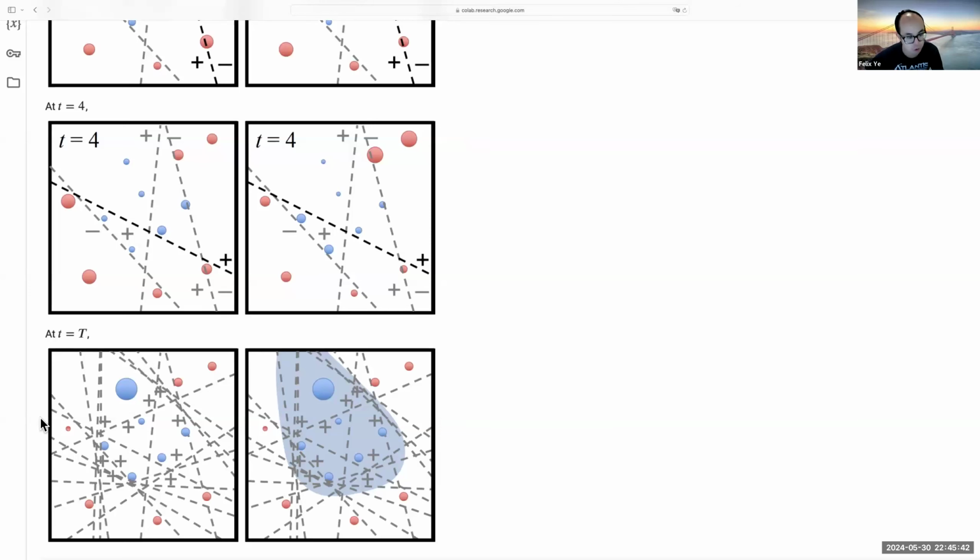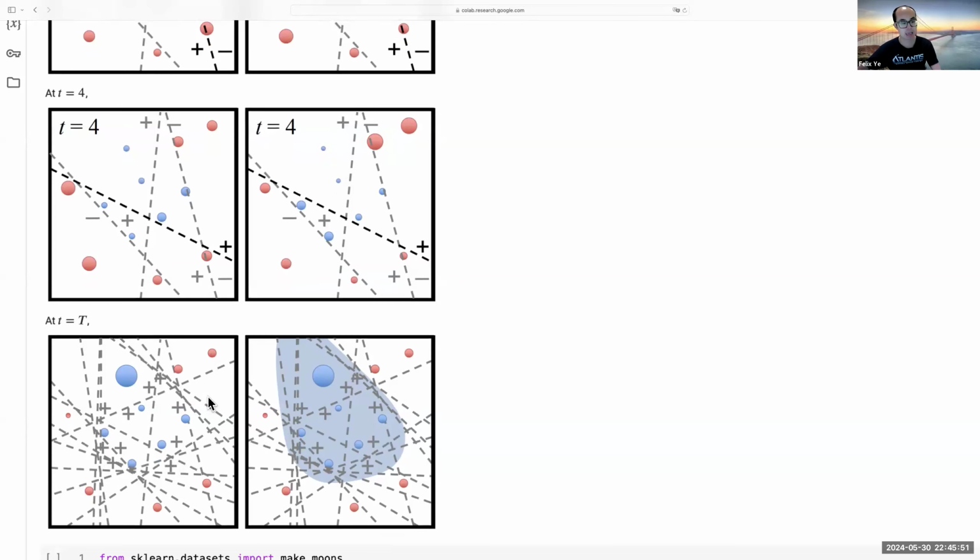You can see we draw so many different lines right here, all around the whole space. Then we can make predictions with a linear combination of the classifiers from phi 1 to phi T. And actually, we can build the boundary conditions directly, and you will find that it gives you the boundary very nicely.